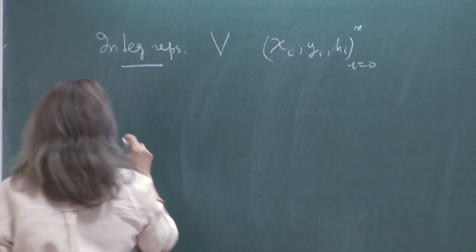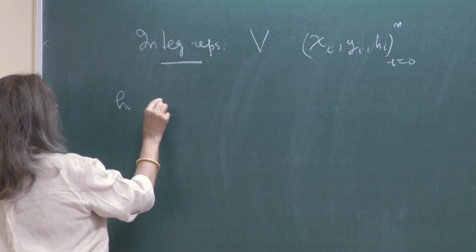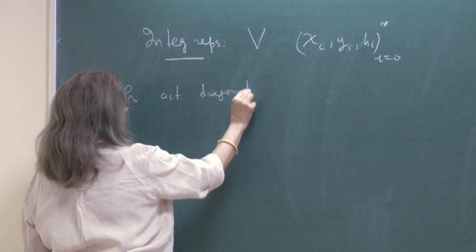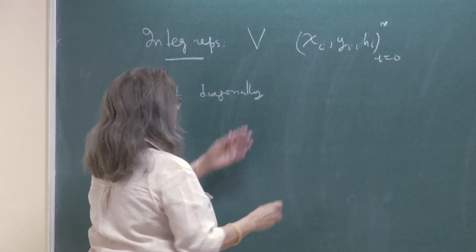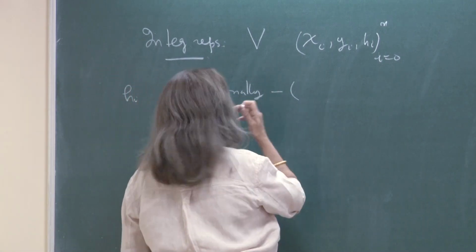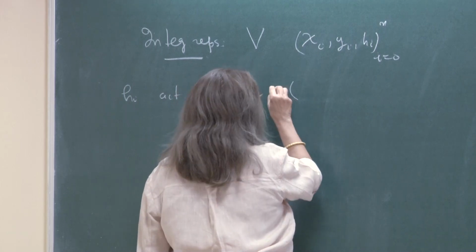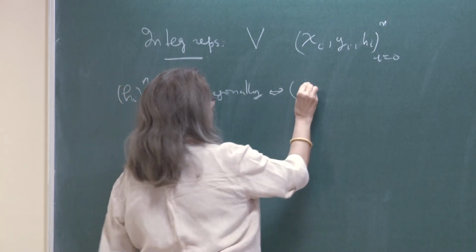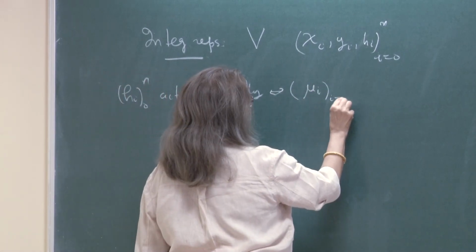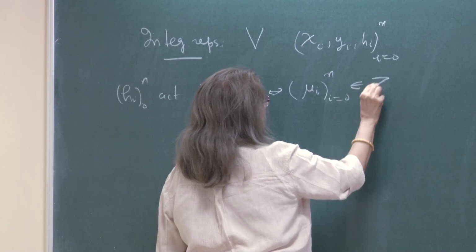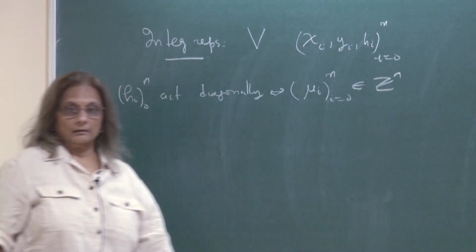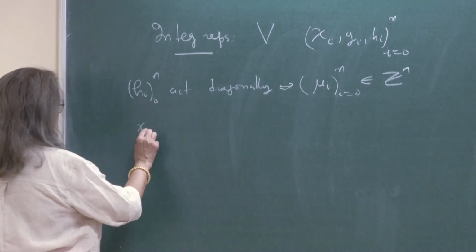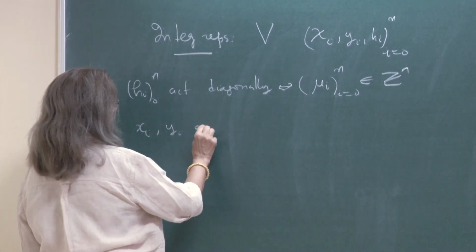We need the h_i's to act diagonally, so the eigenvalues of h_i, for i from 0 to n, are usually denoted mu_i, i equal to 0 to n, and these are n-tuples of integers. Then the x_i's and the y_i's have to act locally nilpotently.